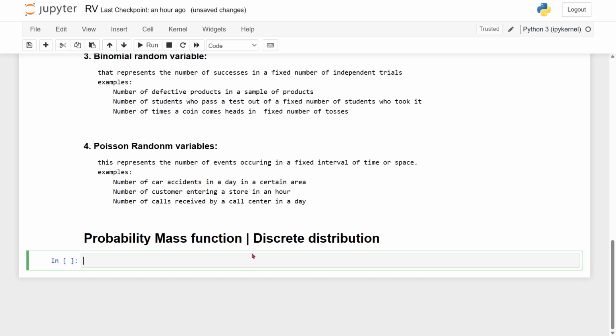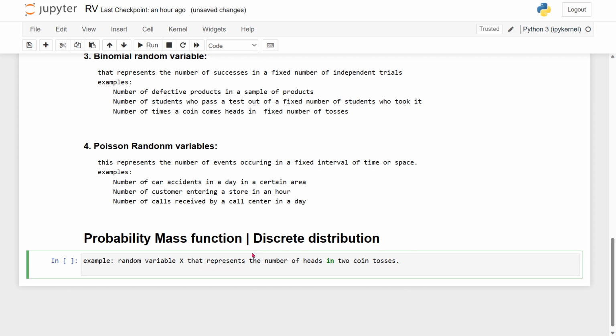So let's take an example. Consider a random variable capital X that represents the number of heads in two coin tosses. The possible values of capital X are 0, 1 or 2.